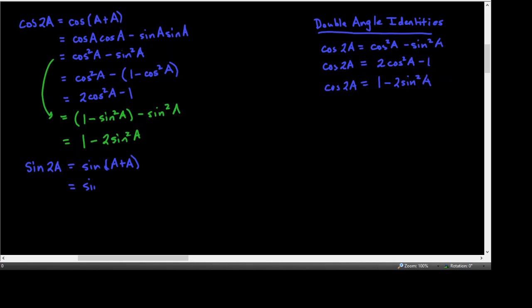So that's sine of the first, cosine of the second, keep the sign, cosine of the first, sine of the second. Now those 2 items are actually identical. The reversal, when you've multiplied 2 things, doesn't change the value. So I'm going to write them both in the order sine A, cosine A, and I have 2 of them. So I add them together and I get 2 sine A, cosine A. And that's our fourth double angle identity.